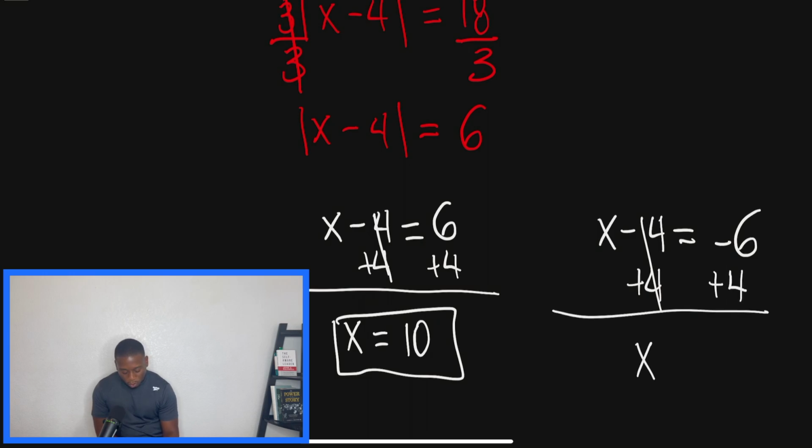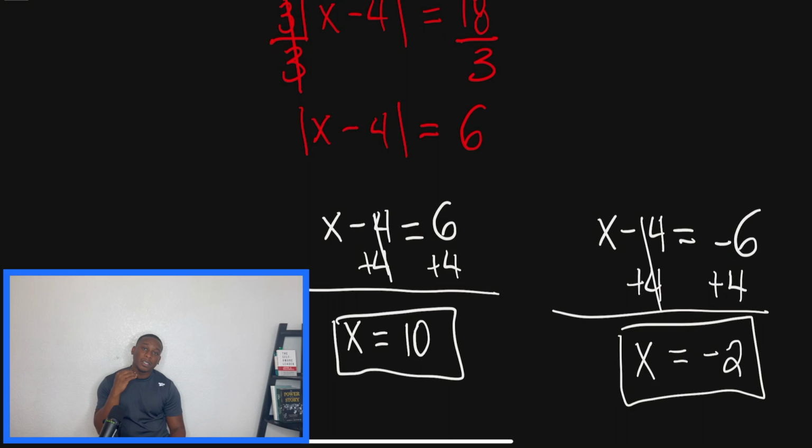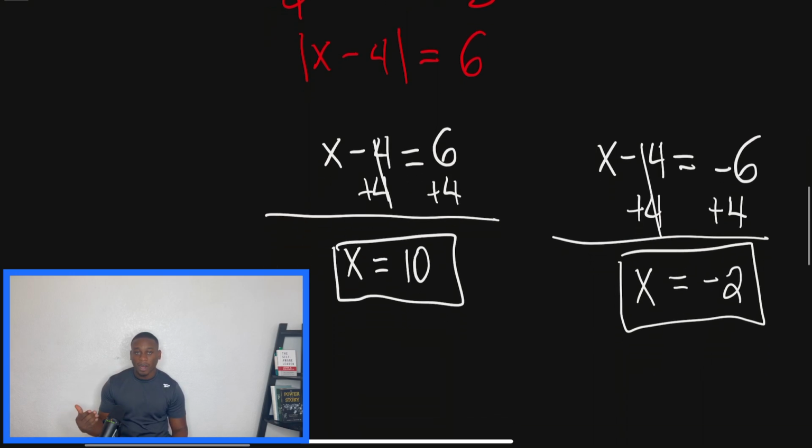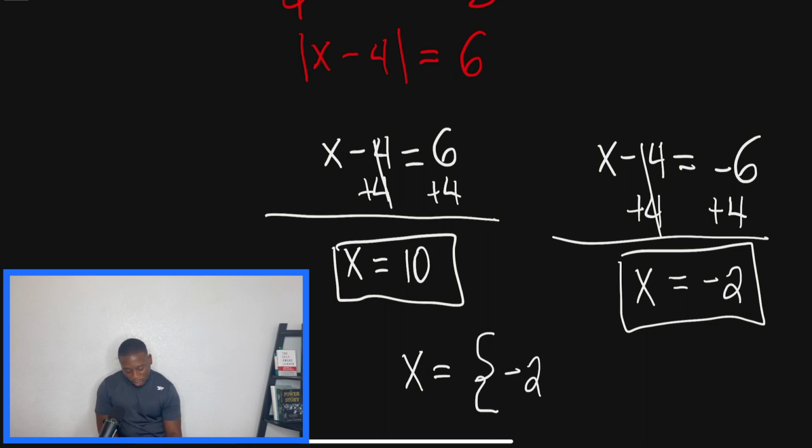And what we'll notice is this answer will be x is equal to negative 2. And if we wanted to express this differently, as a solution set, we could put x is equal to, and then inside our brackets, we have negative 2, comma 10.